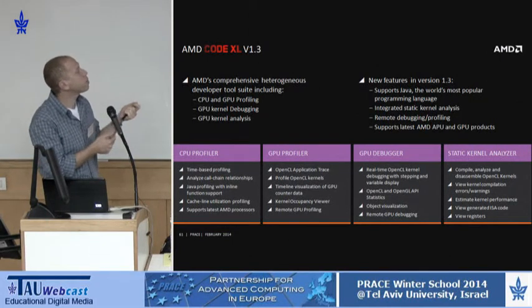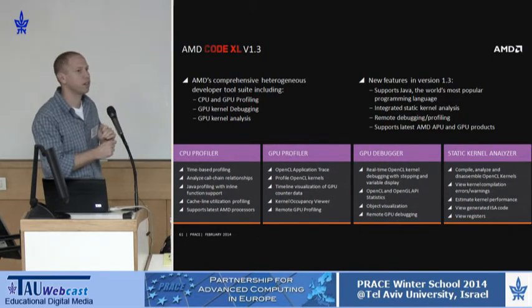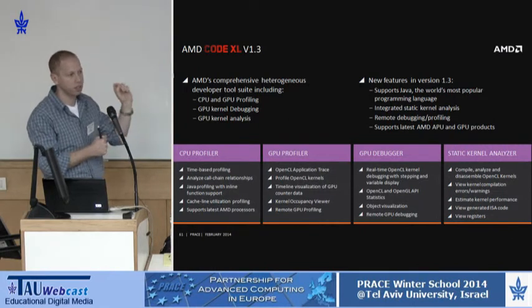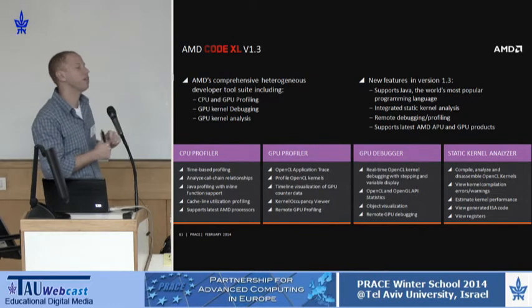It has OpenCL step-in debugging capabilities, which makes OpenCL kernel debugging a very similar experience to CPU debugging. You can just place a breakpoint on your code and debug within the Visual Studio IDE or within the standalone clients.